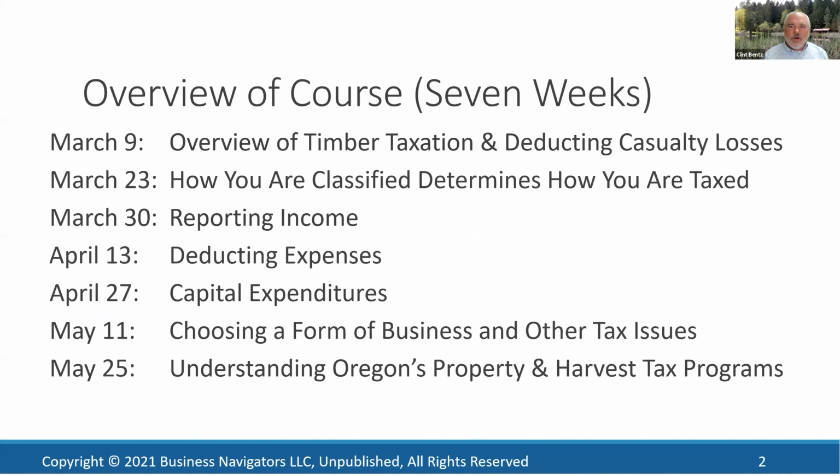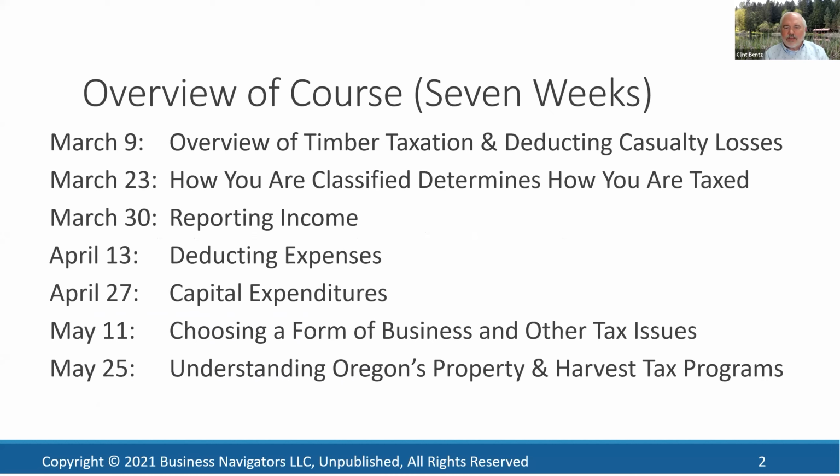All right, so again, the 7-week session, we've had 3 now. Overview of timber taxation, and we talked about deducting casualty losses. The second class was on how you are classified, which determines how you're taxed. As I said, we're going to be leaning on that one heavily today. Last time we talked about reporting income. Today we're going to be talking about deducting expenses. These are going to be the ongoing operating costs.